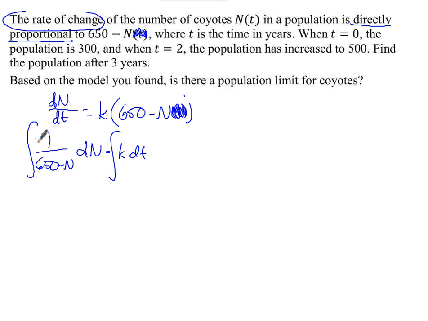If only we had a negative on top. We'd need a negative out front, and now we do have u prime over u. Good. Equals kt plus c. I could call that c1. I probably should be calling that c1. But anyway.